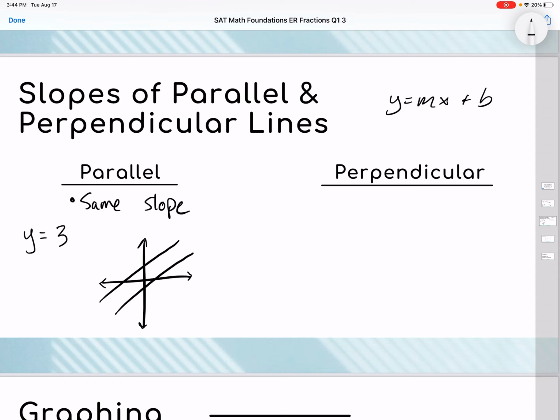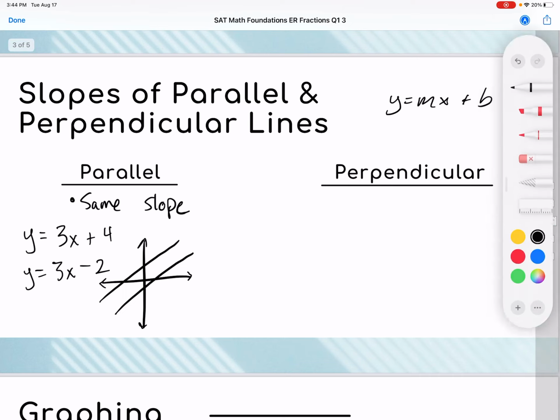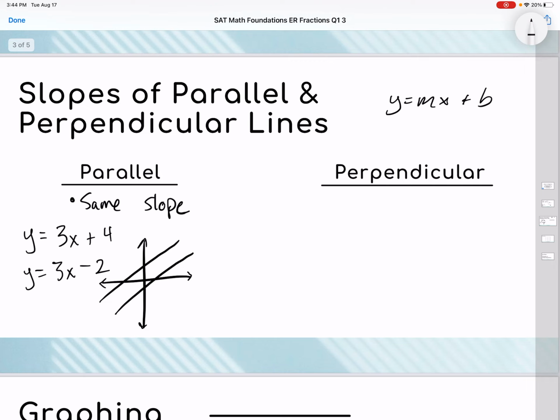Let's say y equals 3x plus 4 and y equals 3x, or actually that one is below the origin, so we'll say minus 2. And in this case, although those aren't the exact same line, they do have the same slope, which means they will be parallel.